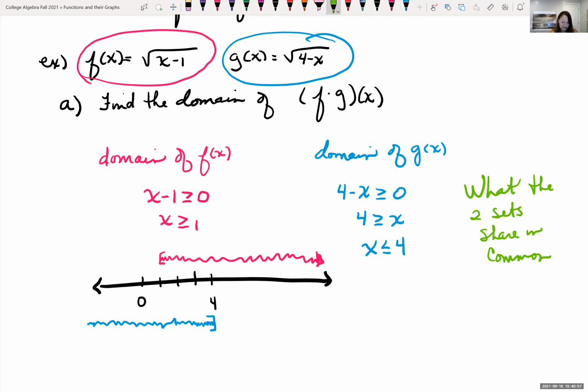So in this case, it's going to be everything from 1 to 4. Another way to state that is inequality notation, but in interval notation, we'd have a bracket on the 1, 4, bracket. Okay, so that is our domain.